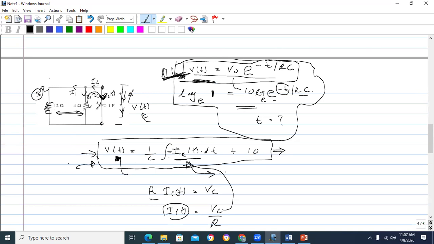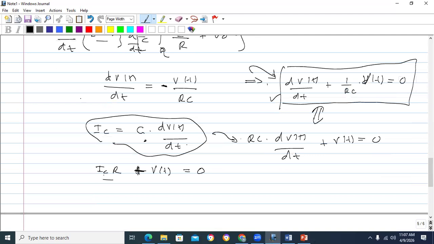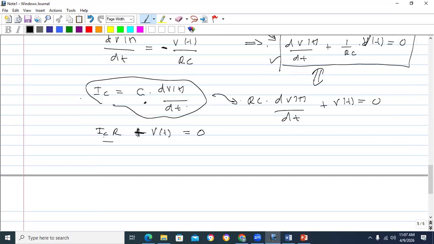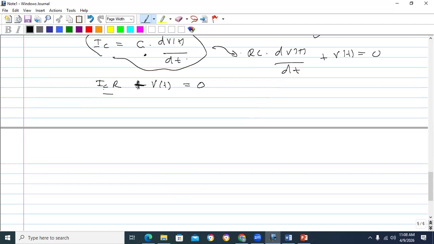But if you know how to apply this Kirchhoff voltage law and how to write the equation, then you can easily write the equation. Okay. So now after that, if you need, you can solve the differential equation.